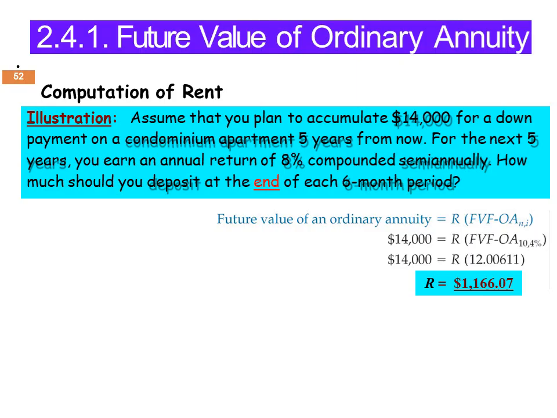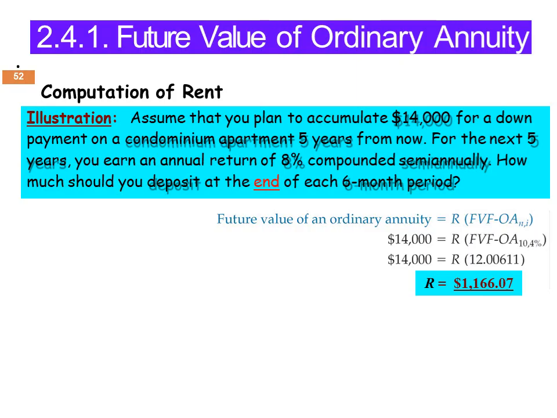For the next 5 years, you earn an annual return of 8% compounded semi-annually. Frequency of payment is 2 times in a year. Then our time is 5 years, 5 times 2 is 10, so N is 10.